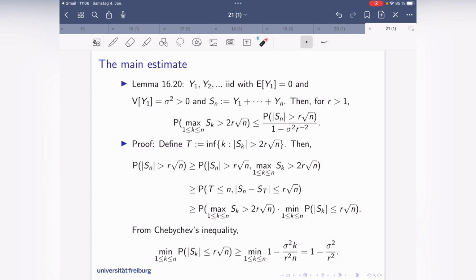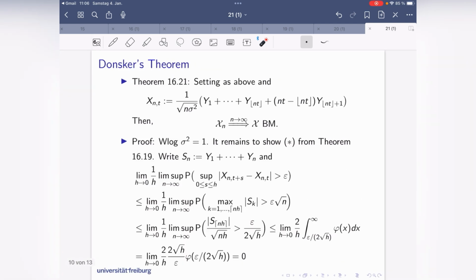Now we have to put everything together in the proof of Donsker's result. We take sigma squared equal to 1 without loss of generality. We still need to control the modulus of continuity, which means we have to control the maximal increment here. I'm also dividing by h, as I will need that in a moment.